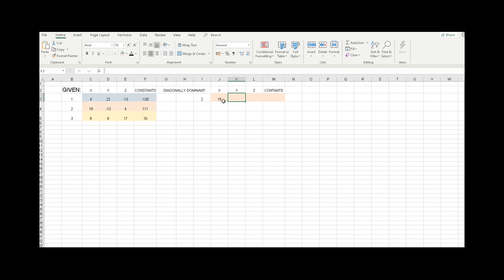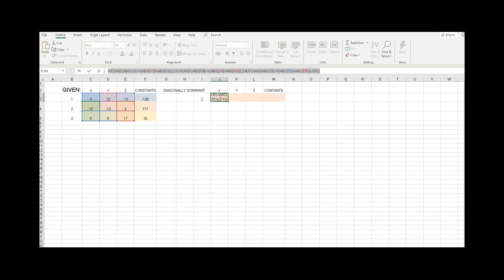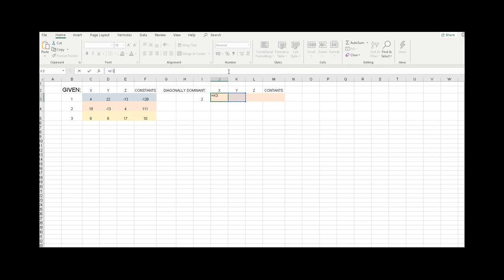So how do we do that? Let's copy the code we've made before in this cell, and let's paste it here in the Y cell.